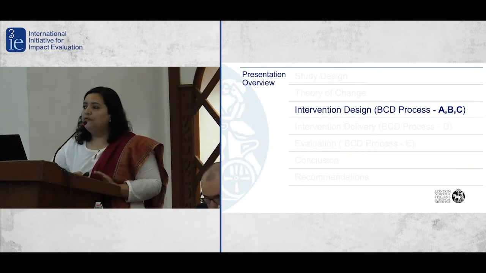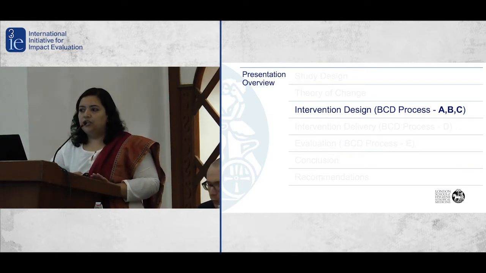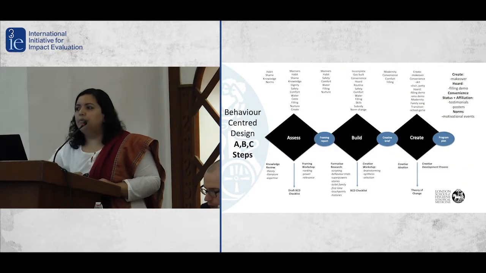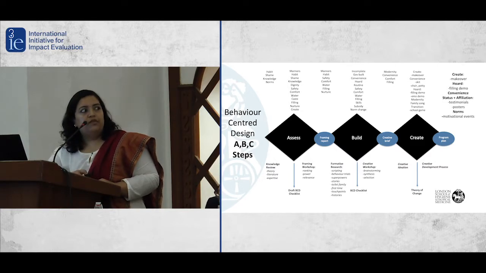The process that we followed to design our intervention was based on the behavior-centered design theory of change, and is popularly known as the double diamond process, which we adapted and call the triple diamond approach. It includes the first 3 steps of behavior-centered design: assess, build, and create.